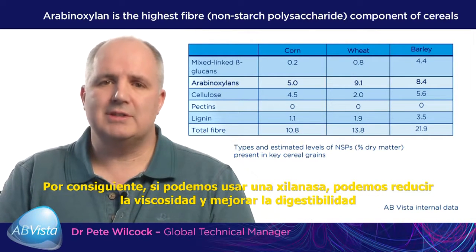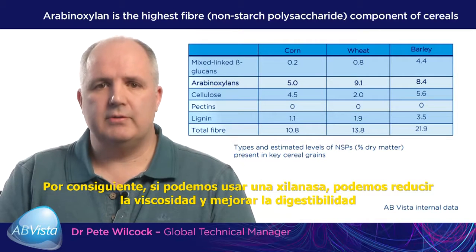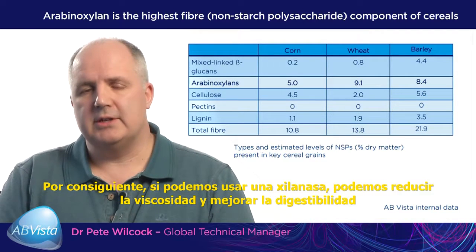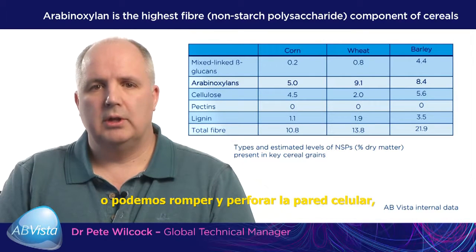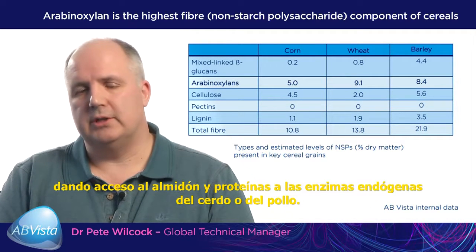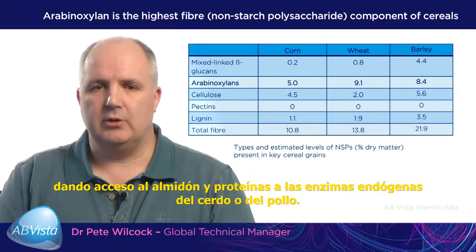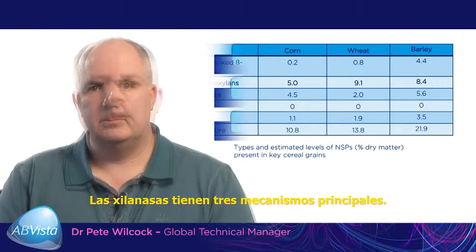So if we can use a Xylanase, we can reduce the viscosity and therefore improve digestibility, or we can break down and punch holes in the cell wall, giving the pig's or the chicken's own endogenous enzymes access to the starch and protein.